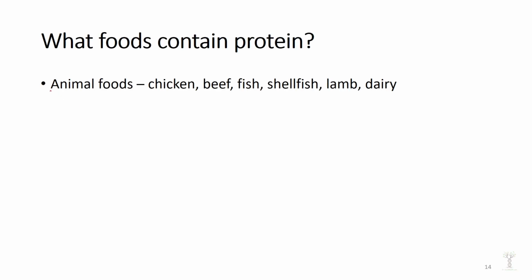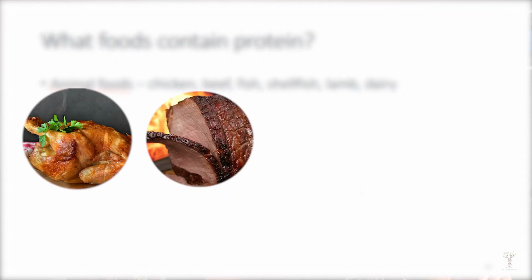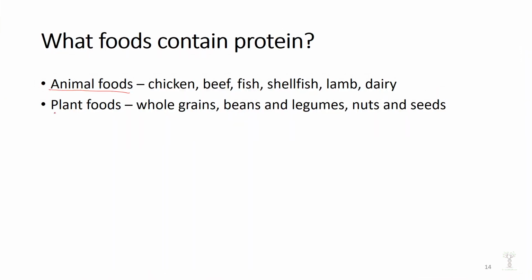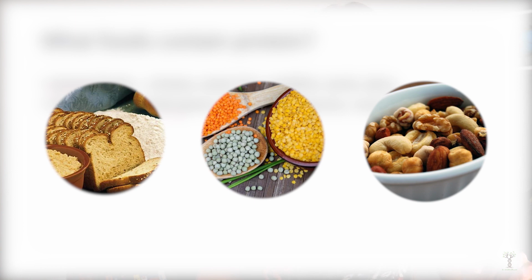What kinds of things do we have to eat so that we can make sure our cells have all of the amino acids that we need to either make proteins or to make neurotransmitters? So if we look at animal food sources, that's going to include things like chicken, beef, shellfish, lamb, and dairy, like milk and cheese. And we can also get plant food sources of protein. So whole grains, beans and legumes, or nuts and seeds.